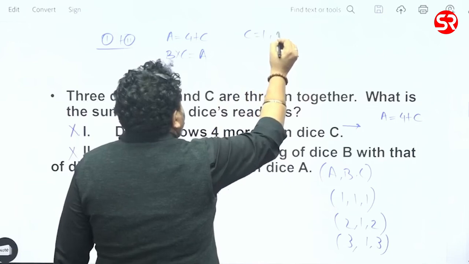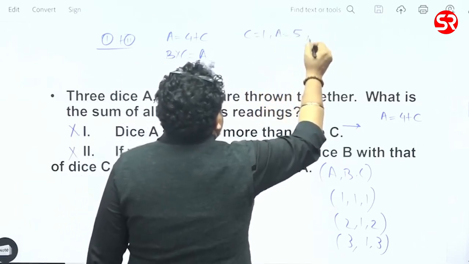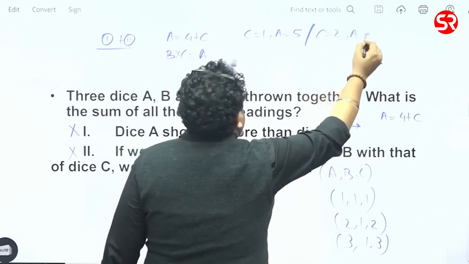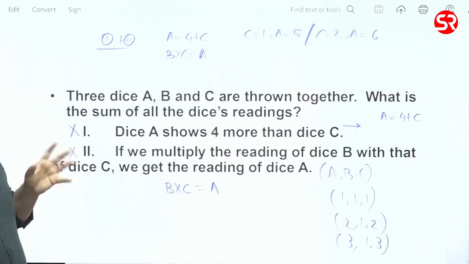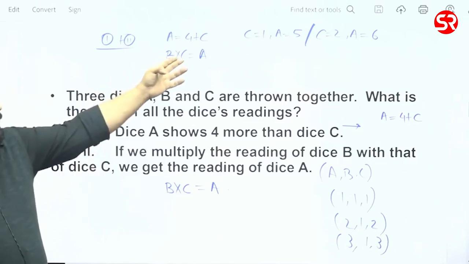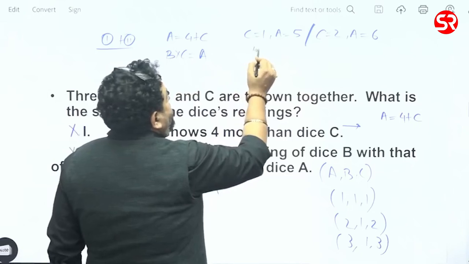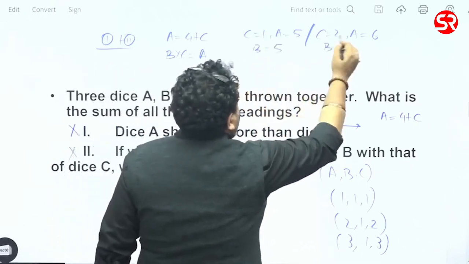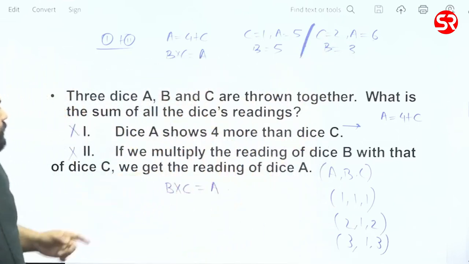In that case, A is equal to what? 5, and when C is equal to 2, A is equal to 6. ये था. And what is B? B is A upon C. So B over here would be A upon C, which is 5, and B over here would be A upon C, which is 3. What is the question?